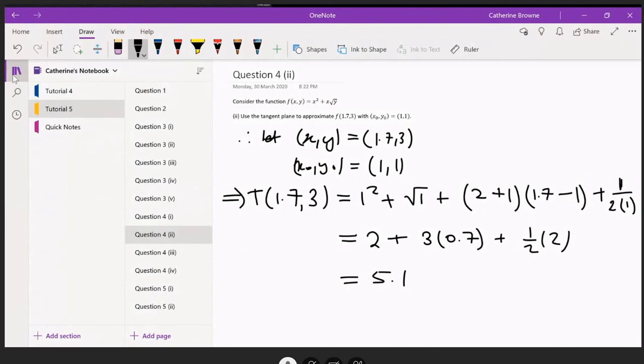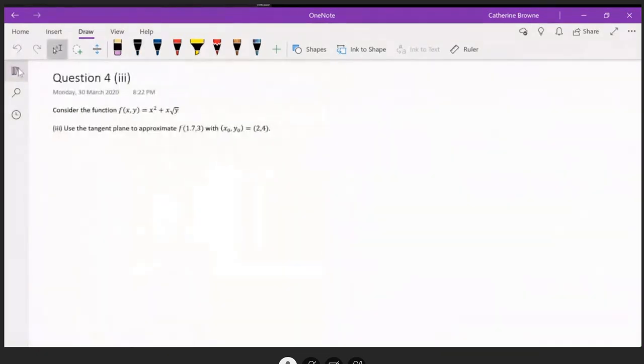So we've approximated it using the point (1, 1), but perhaps a different approximation may be better. And so we're going to do the same thing, except this time we're going to use the point (2, 4).